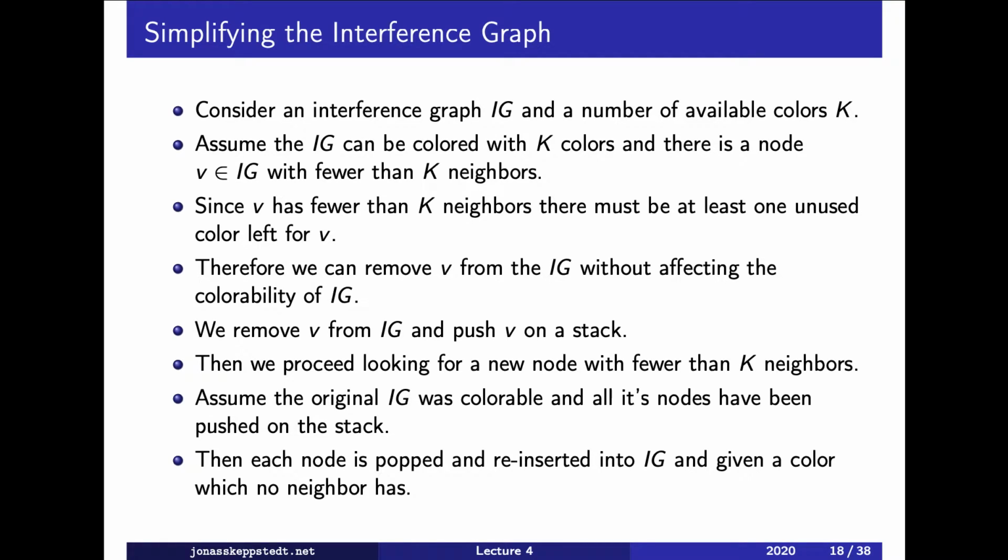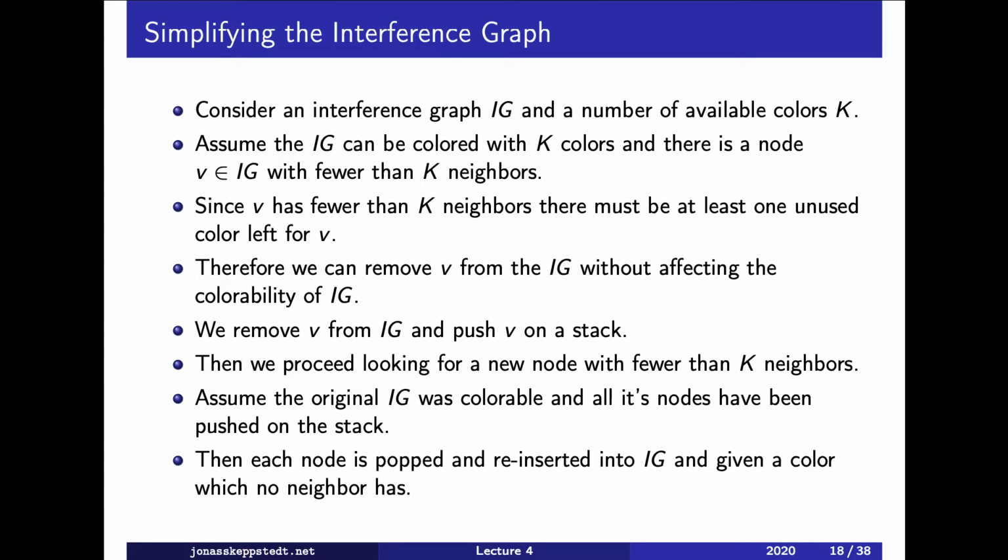And there will certainly be an available color for that node. Since the node that we remove has fewer than k neighbors, if all the neighbors use different colors, there will be a color remaining for V.